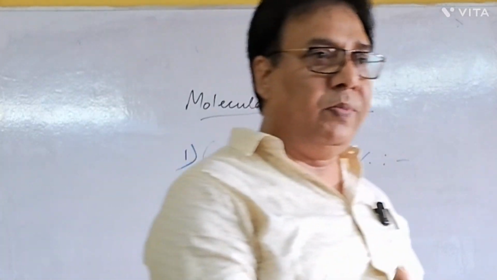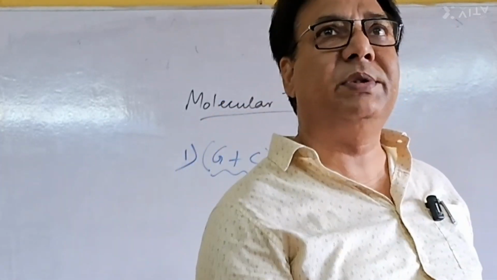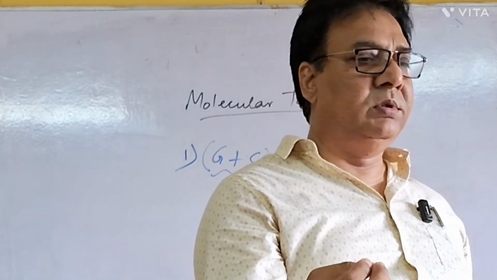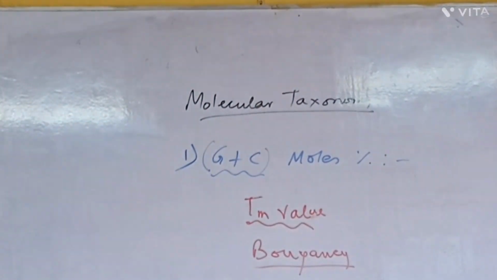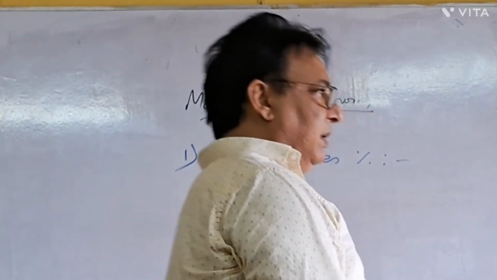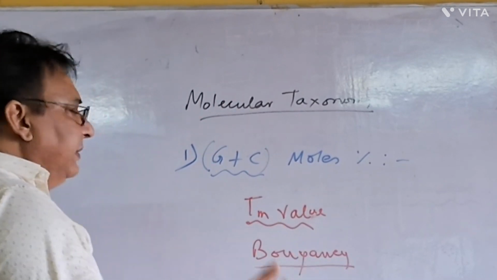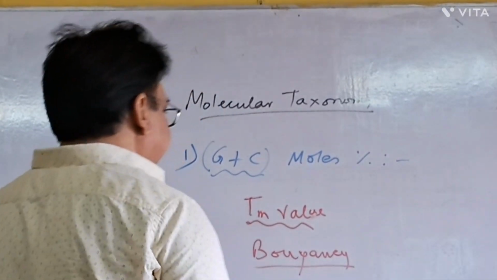Buoyancy means floating characteristic, at what force the liquid on which it is floating is exerting on the molecule. The more the G plus C content, the more is its sedimentation rate. So that also helps in knowing the G plus C percentage of a DNA sample.